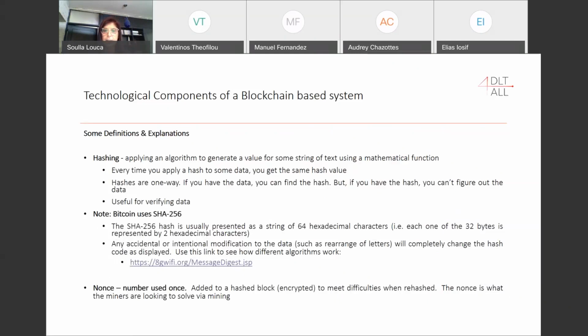It is added to a hashed and encrypted block to add even more difficulty when it is rehashed, so that we don't get the same hash again. And usually the miners are looking to solve for this nonce to show that they actually solved the problem they have at hand.